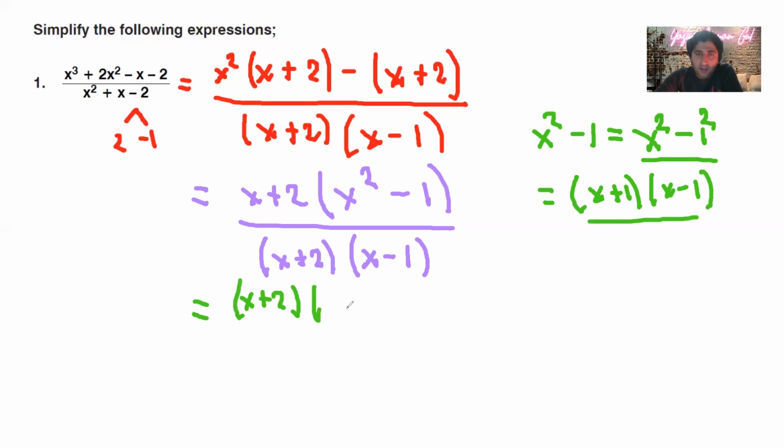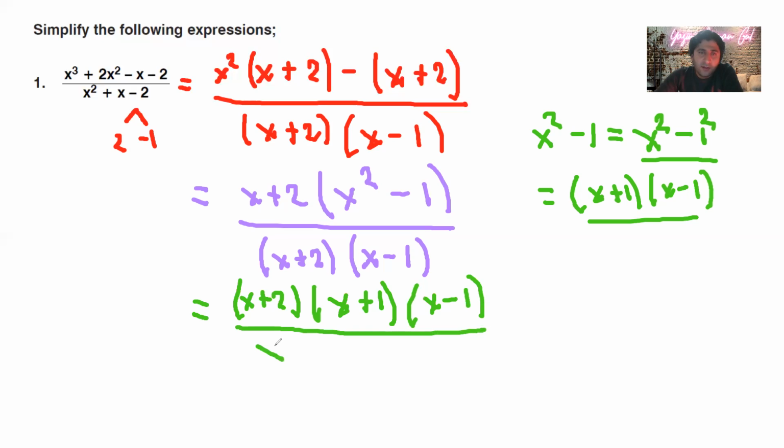I'm going to say x plus 1 times x minus 1. And then at the bottom also I'm going to do the same thing. It's going to be x plus 2 times x minus 1.